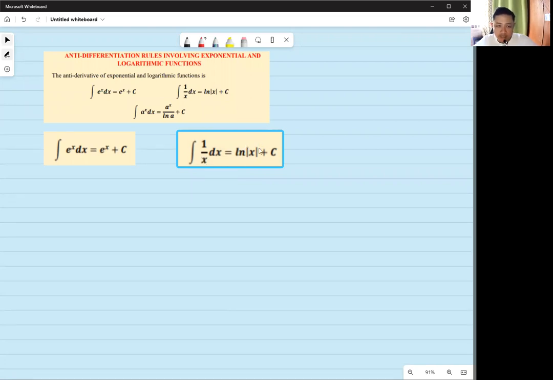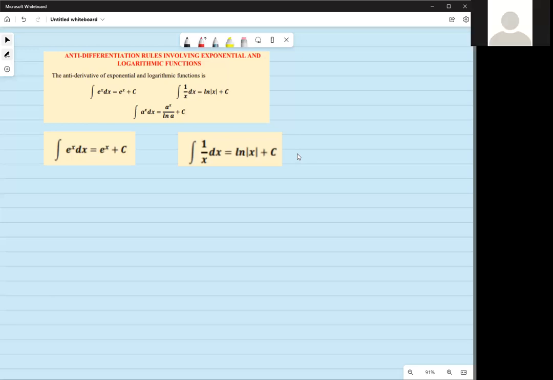And x should be in absolute value. And then plus c. As simple as that. For the 1 over x, ganyan lang siya. You just have to express it in ln of x plus c.